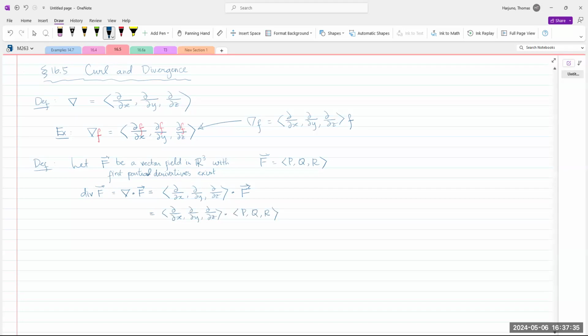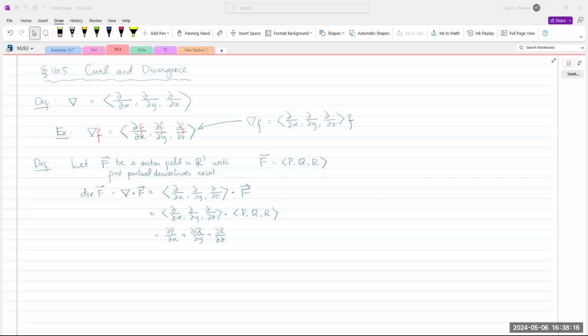Which, due to the dot product, gives us ∂P/∂x plus ∂Q/∂y plus ∂R/∂z. Okay, so we can say that the divergence of F is basically the sum of the partial derivatives of its components corresponding to its position.